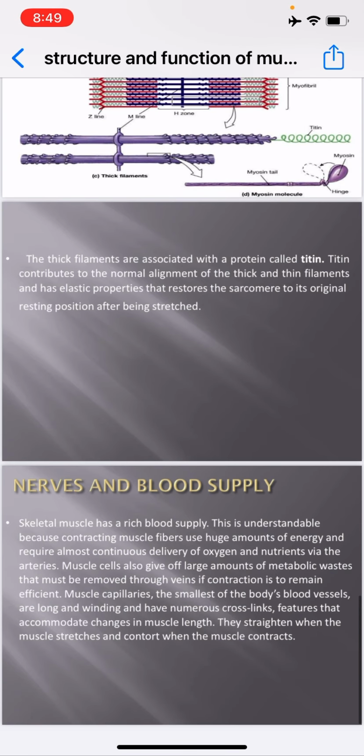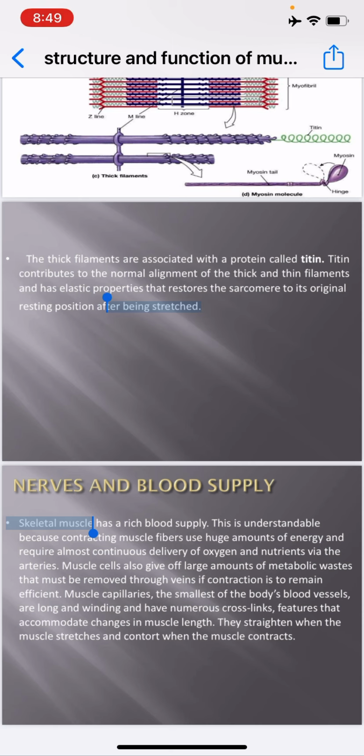The thick filaments are associated with a protein called titin. Titin contributes to the normal alignment of the thick and thin filaments and has elastic properties that restore the sarcomere to its original resting position after it is stretched.